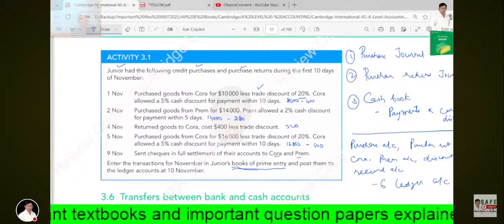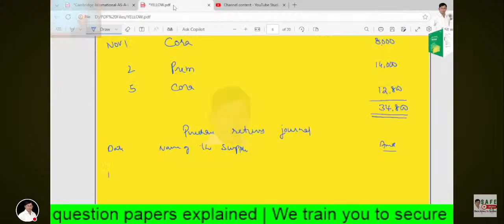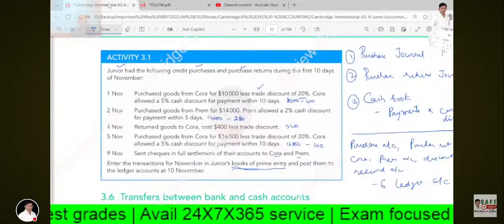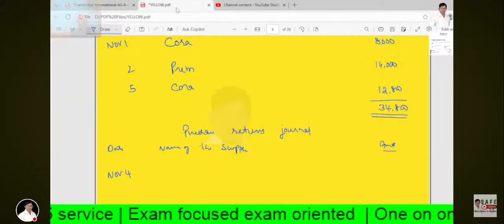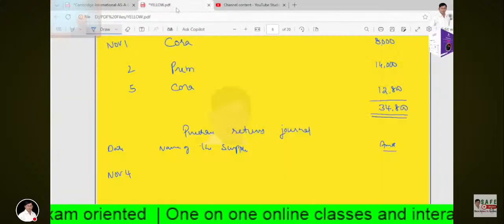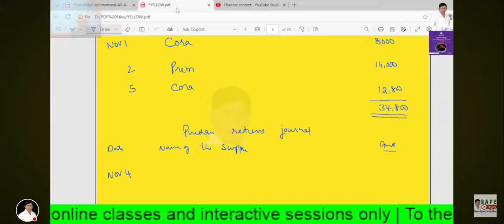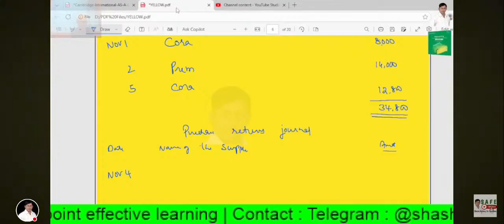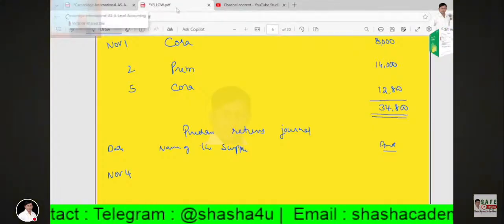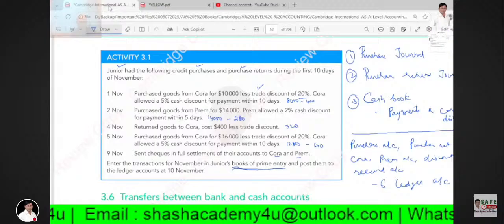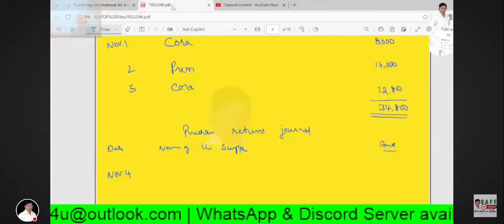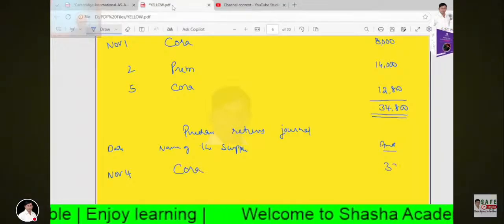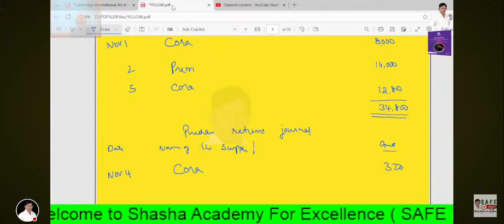Returned goods on 4th November. So what is the amount? 320. From whom? Cora. And we received a credit note.